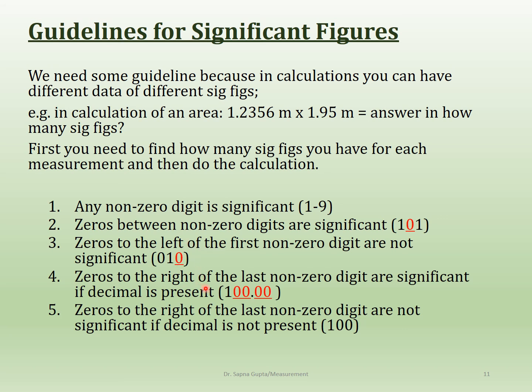If you have decimal places and you're counting the zeros, then definitely yes, it is going to be significant. And then, of course, if you have a whole number like tens, hundreds, thousands, then you have to determine whether that number is going to be significant or not. So whether it is 2, 3, 4, that depends on the measurement.